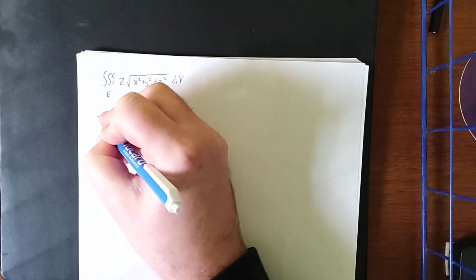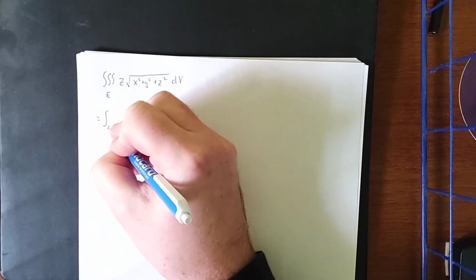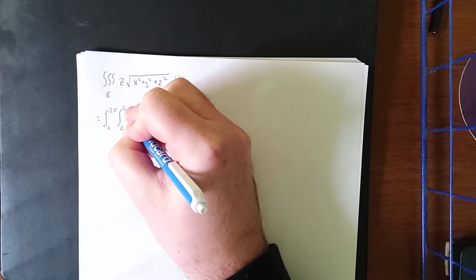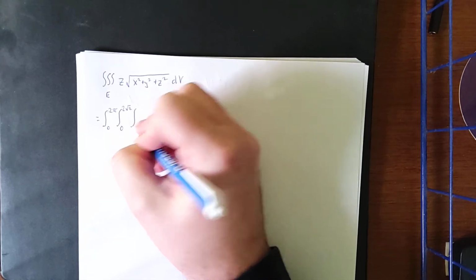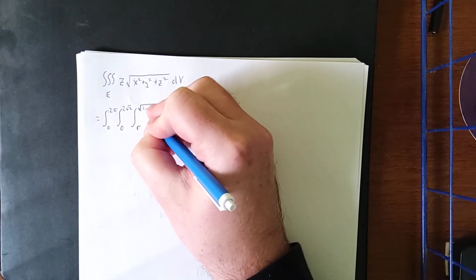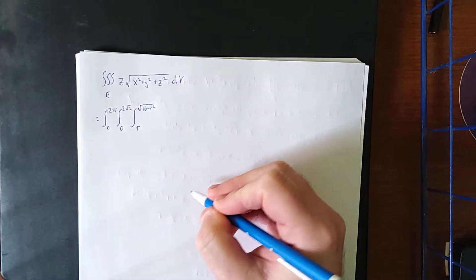dv. In cylindrical coordinates, theta would go from 0 to 2 pi, r would go from 0 to 2 square roots of 2, and z was a little bit complicated. That went from r to the square root of 16 minus r squared.